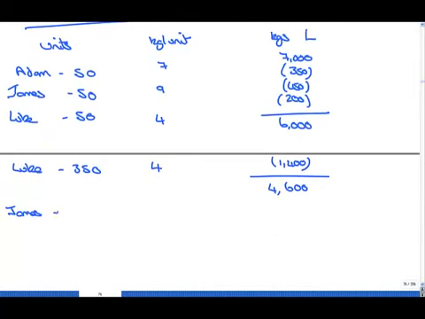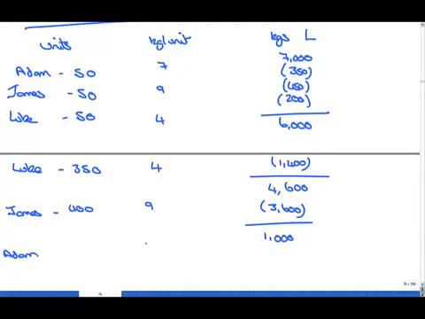We would like to make 400 batches of James. It's 9 kilos, so that is going to take 3,600 of our kilos, leaving us with just 1,000 kilos, which will go on production of Adam.